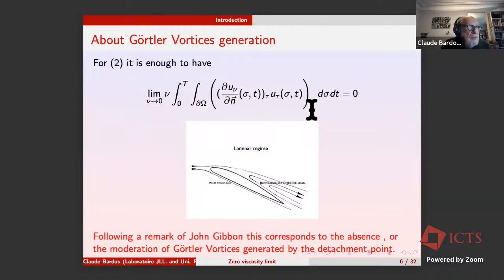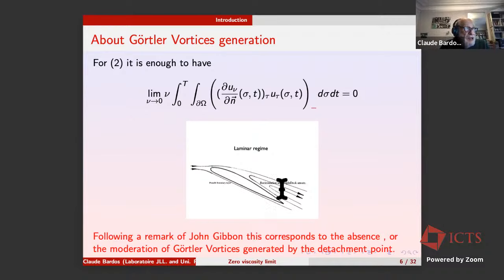Now, if I go to this very sketchy picture, I look at a detachment, what is known in physics. If you have an airfoil, for instance, and the air going around the airfoil, there may be a detachment point, which is really very sketchy on my slide.